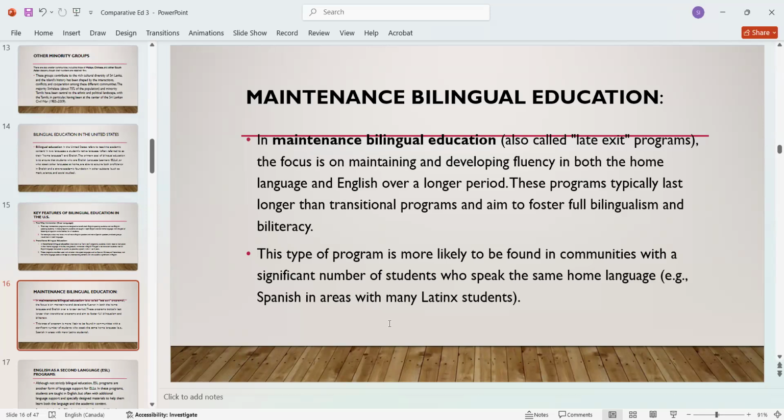So it shows that they must have some time to pick up the language, because for 13 years they learned in the mother tongue. All of a sudden, they can't change. That's how the concept of bilingual education came.